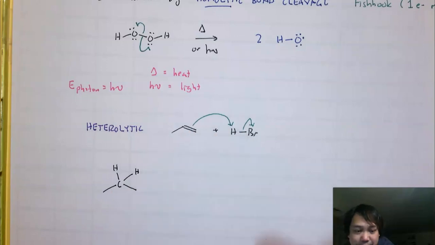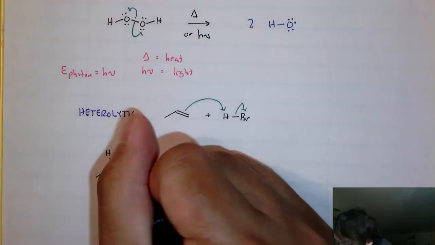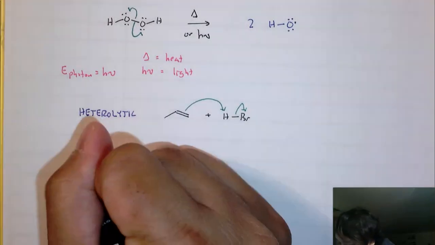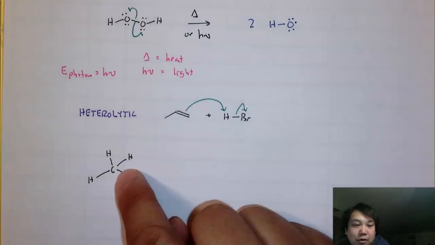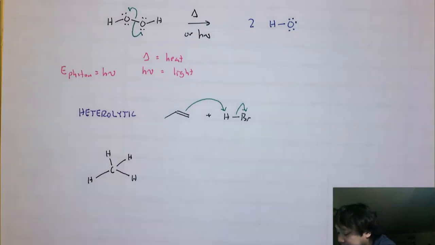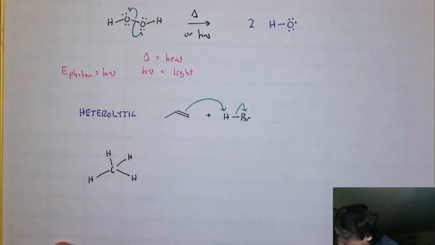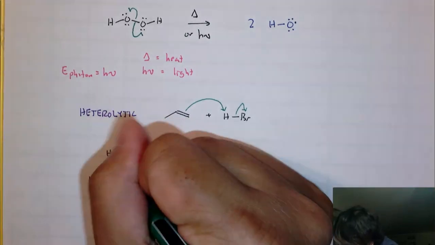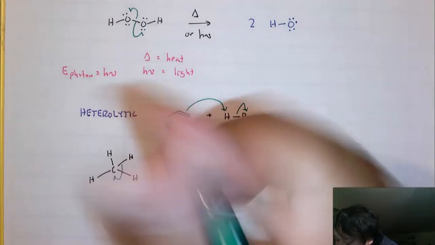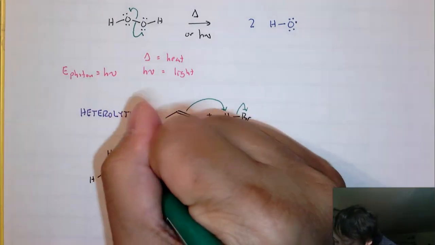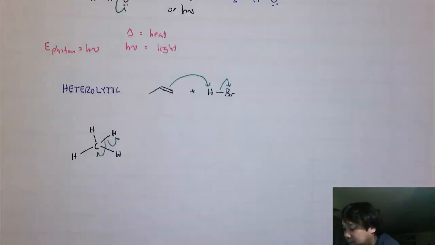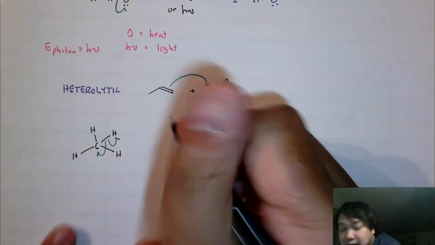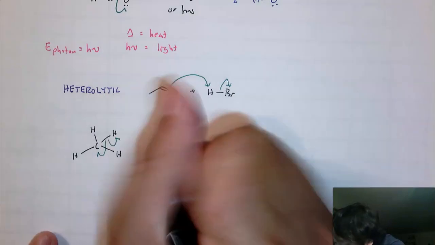If I'm going to make this a radical, what I want to do is a homolytic bond cleavage on this bond right here. I know this looks a little strange, and actually this doesn't really happen, but I'm forcing my drawing to give us a radical carbon.